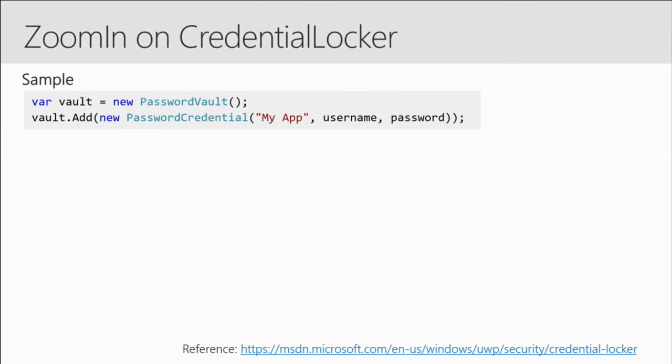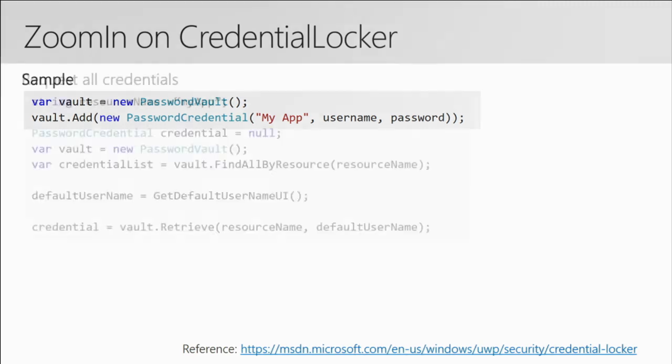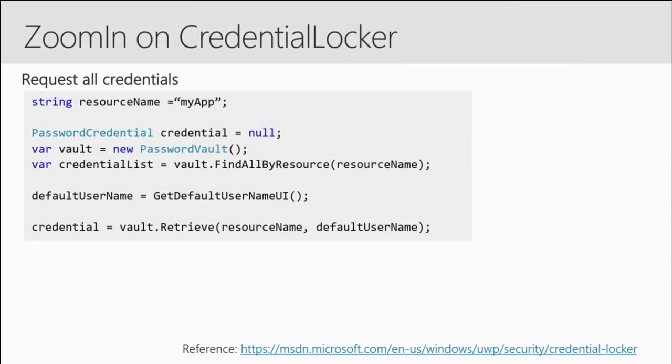So we create a password vault, and we add a credential or password credential to this vault. So we might give it a unique name. The unique name is interesting because you may have multiple credentials saved to the vault from one single application. Username, password. Then later on, if we want to retrieve those credentials, we can do so. We use our password vault. We find by the resource name, and we pass in the username and the resource name, and we can retrieve the credentials from the vault.